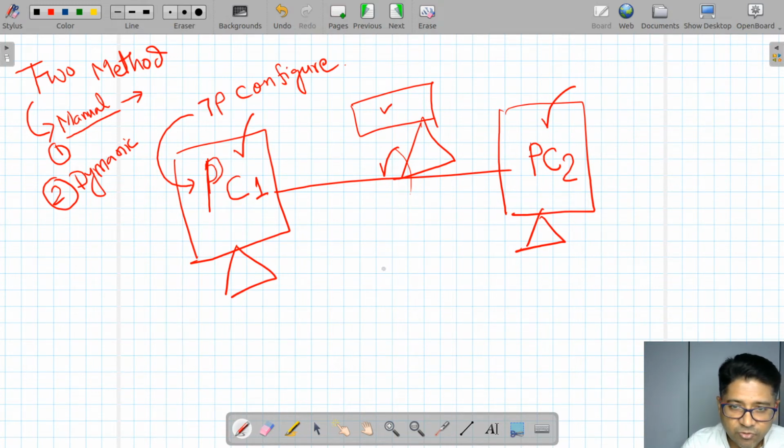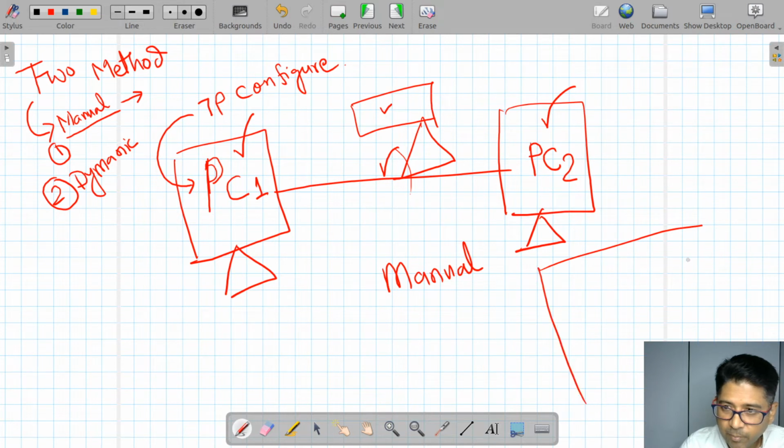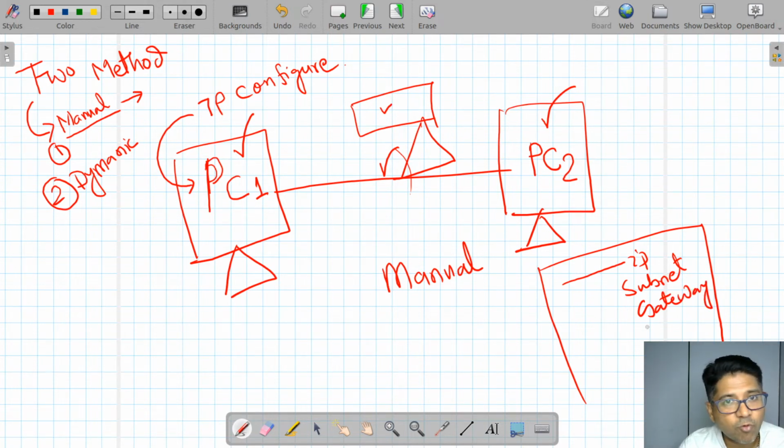First understand manual. If you are doing manual, you have to take pen and paper and write the PC IP, then subnet, and then gateway. Maybe for 5 or 10 PCs you can remember and manage.